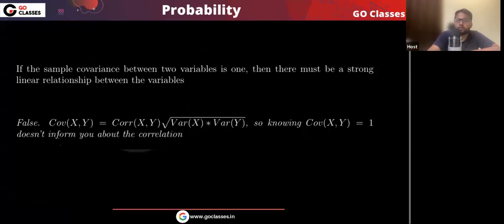Since it is talking about the covariance, that's why it is false. Why is it false? Because a covariance of 1 doesn't inform you anything about the correlation. Using the correlation you can tell, but using only the covariance you can't tell. Understood? So this is the reason that this is false.